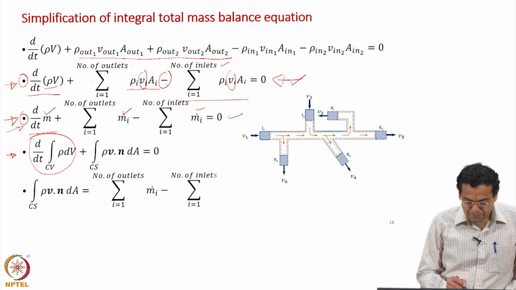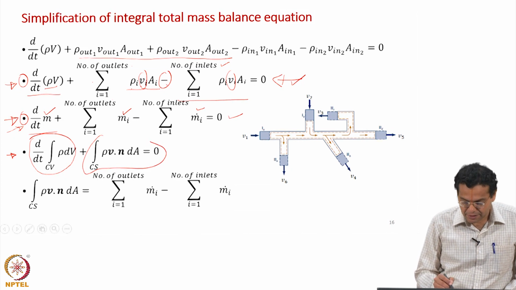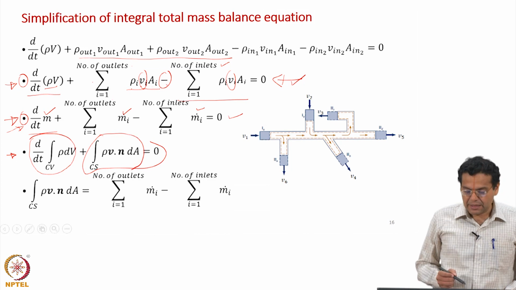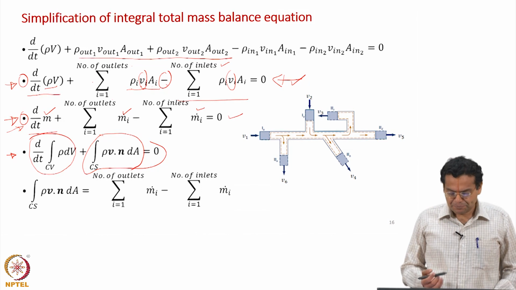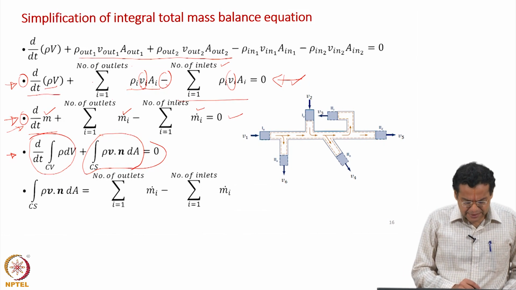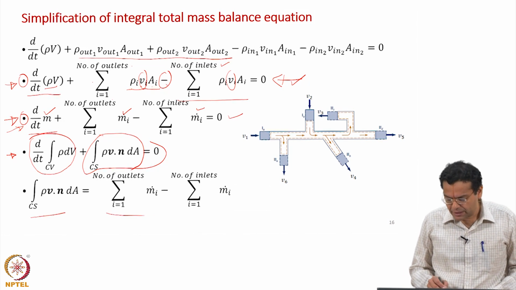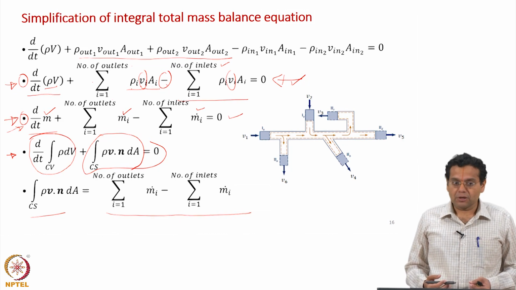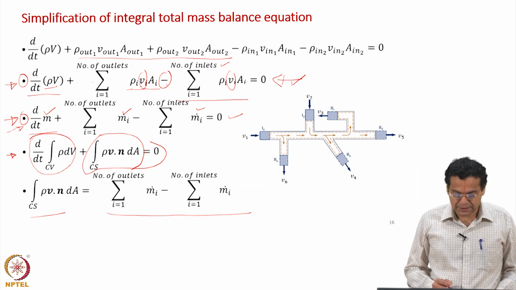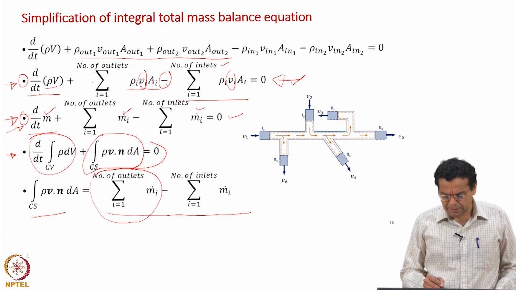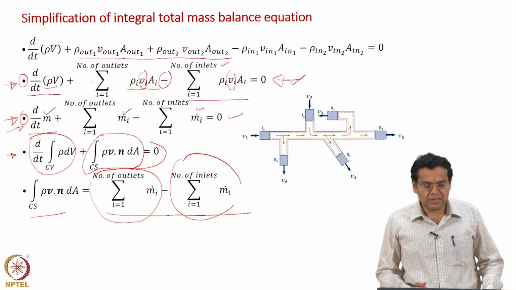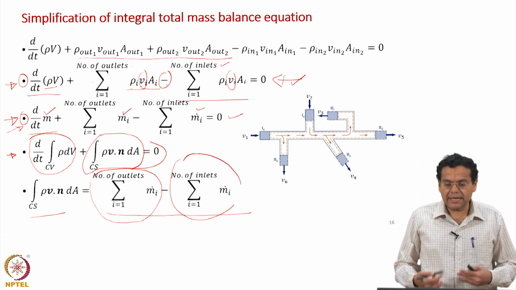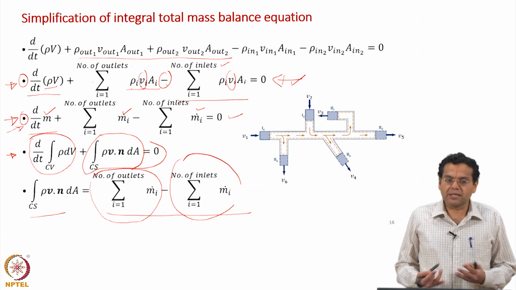Now, this term represents the net rate of mass leaving the control surface, and that term has now been expressed in terms of these two summations. Now, it becomes very clear from these expressions that this represents the sum of all the outflows, this represents the sum of all the inflows. So, when you take the difference between them, it represents the net rate at which mass flow leaves the control surface.